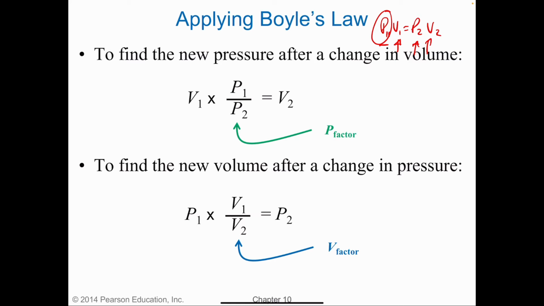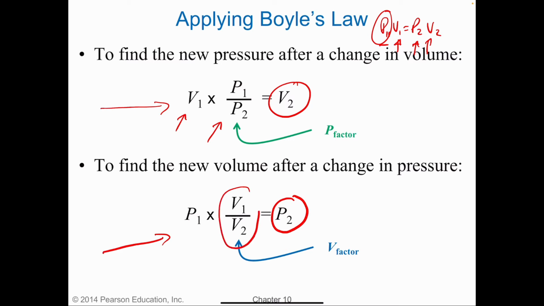This would be the type of problem where they're asking for the new volume, and they give you the pressure before and after, and the initial volume. This setup would be if they're asking for the new pressure, and they give you the volumes before and after, and the pressure beforehand.